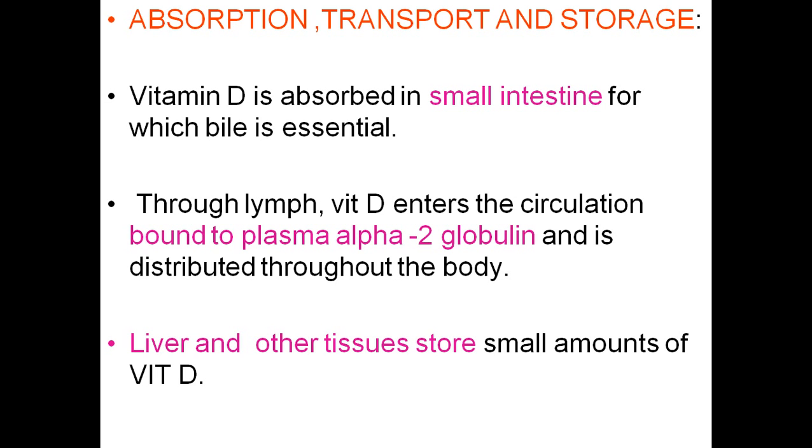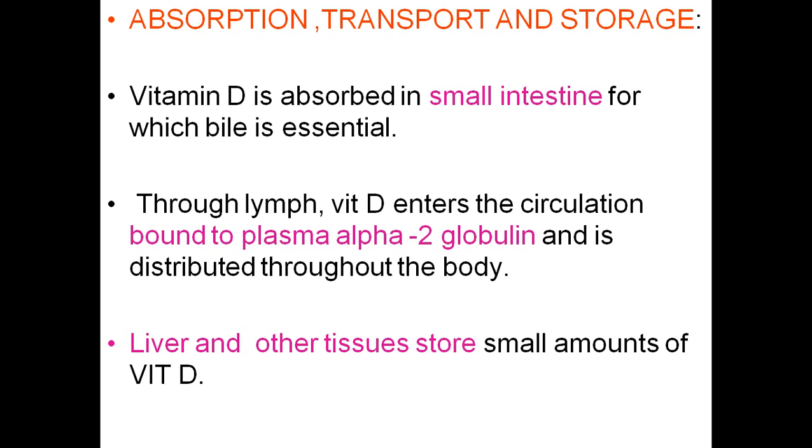Through the lymph, vitamin D enters the circulation bound to plasma alpha 2 globulin and is distributed throughout the body.